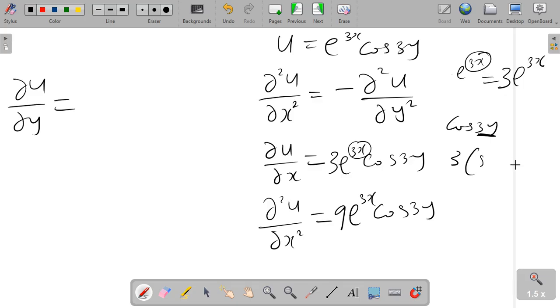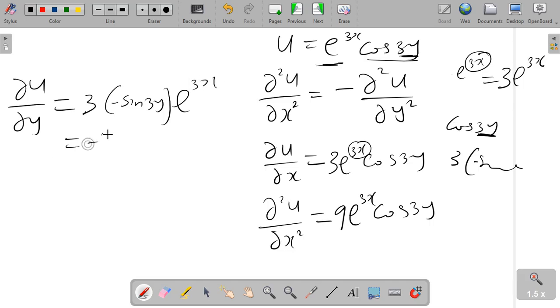I think cos is minus sine. Yes, cos is minus sine. So that means differentiation of the 3y is 3. Okay, differentiation of cos 3y now will give you what? Minus sine 3y. So repeat what is here, exponential 3x. If you bring them together, it's going to be minus 3 exponential 3x, then sine 3y.